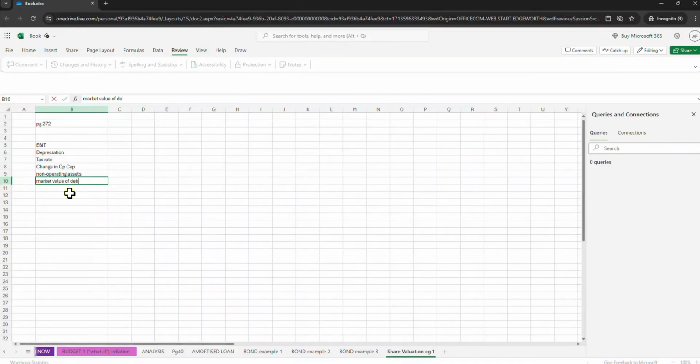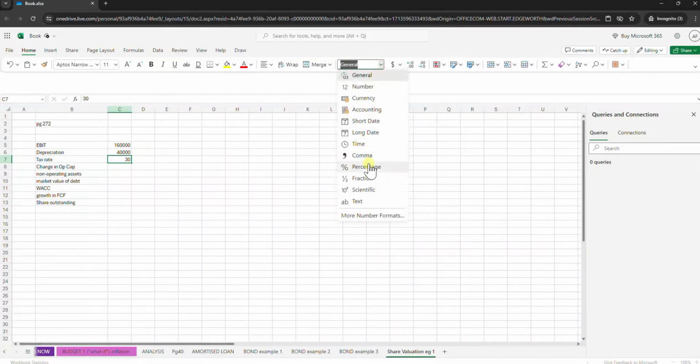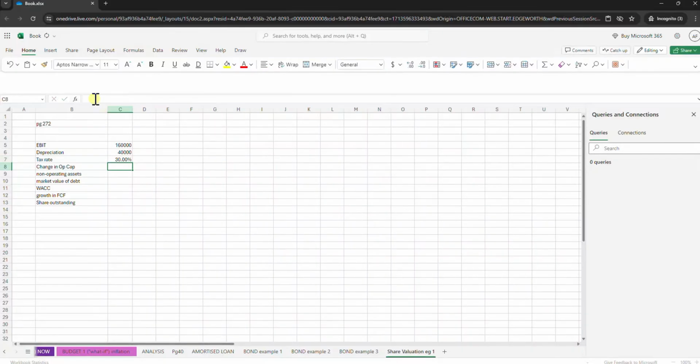Market value of debt, WACC, growth, FCF, shares outstanding. Okay, so EBIT, is that all right?